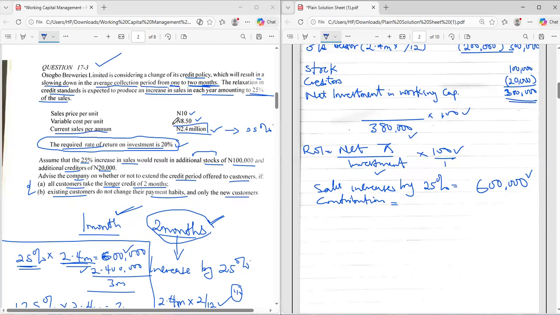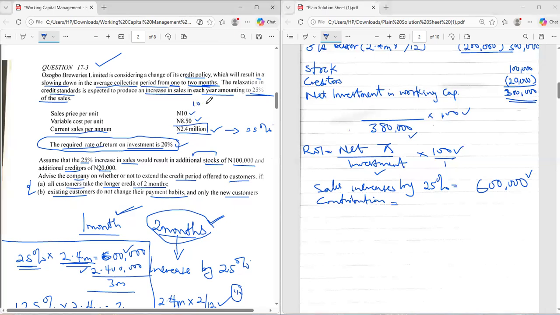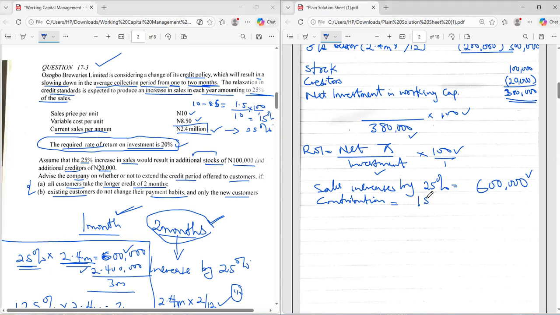Please, can somebody do this for me? 10 minus 8.5 is 1.5. 1.5 divided by 10 times 100 is 15%. So our contribution will be 15%.